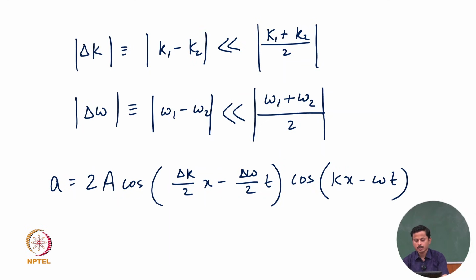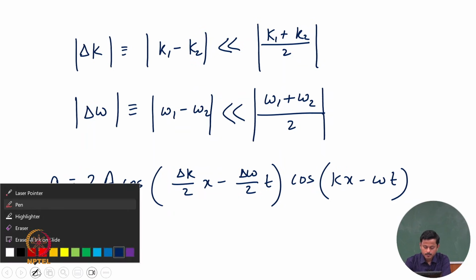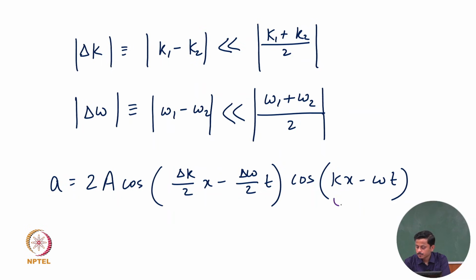There is a first cosine function, there is a second cosine function. This second cosine function is an average wave with wave number k and frequency omega.